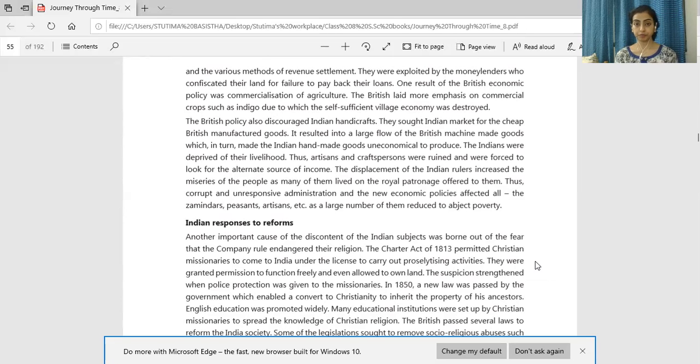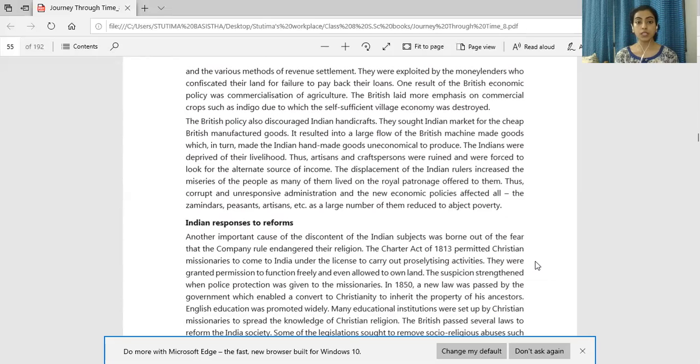In that way, the local handicraft industry of the Indians got destroyed. All right. Because of this, many British machine-made goods came in. The British started to bring all their machine-made goods to the Indian market, and as a result, the traditional Indian handicraft started to get destroyed.